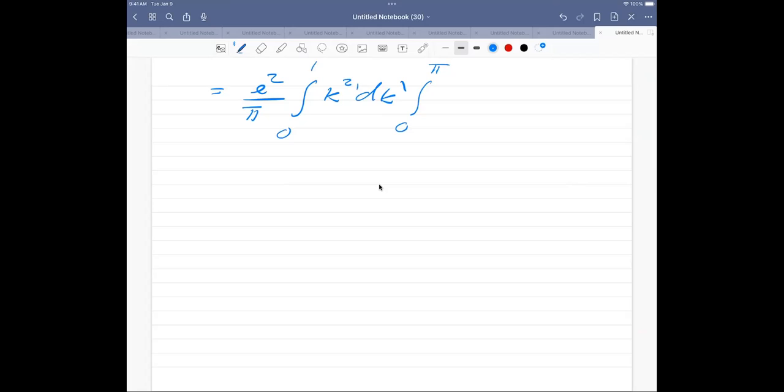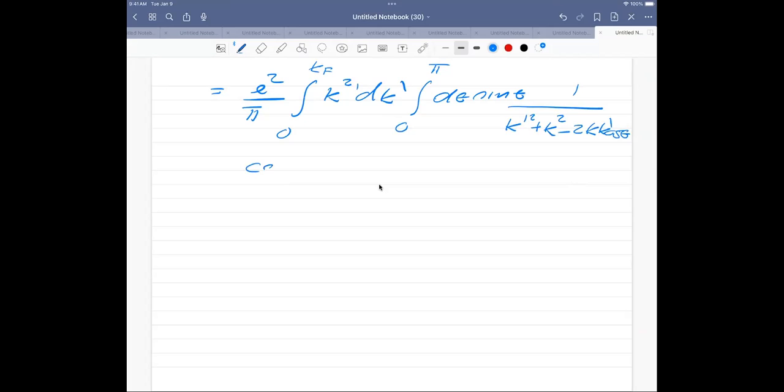I have this integral here, which goes like d theta of sine theta. And this is divided by k prime squared plus k squared minus 2 times k prime, multiplied with cosine theta.